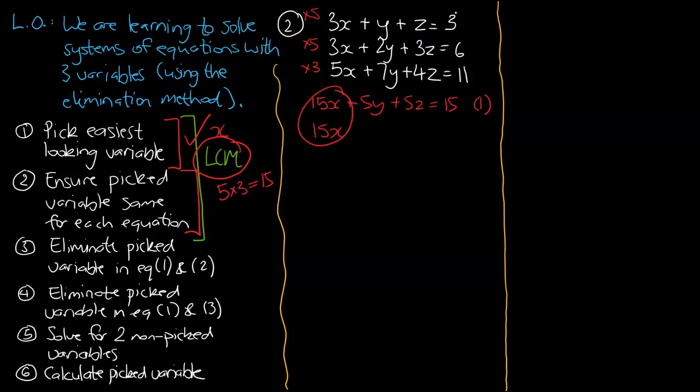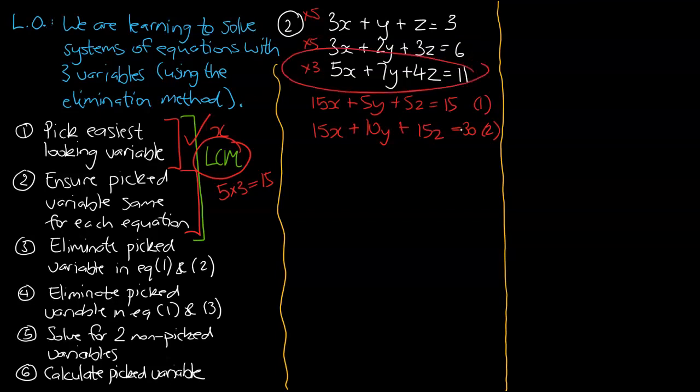We want the x's to have the same amount. And then we're going to have plus 10y, which was 5 times the 2y, plus 15z, which was the 3z times the 5. And then finally, we've got 30, which will be equation number 2. And that 30 was the 6 times the 5.